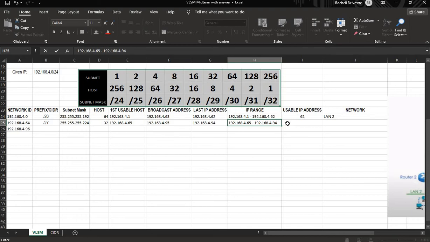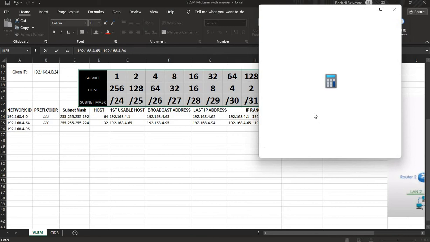We're going to subtract 94 less the network ID, which is 64. To make sure, I am using the calculator.